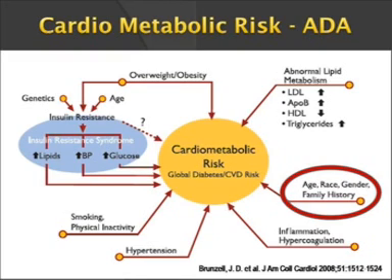Gender, there is a gender protection until the age of menopause in women, but beyond that they catch up with men. When you come to the family history of premature coronary artery disease, particularly in the siblings compared to parents, the sibling family history of premature coronary artery disease is strongly linked to cardiometabolic risk.